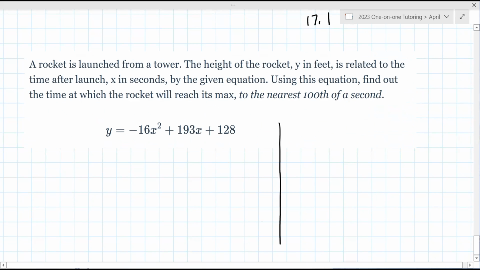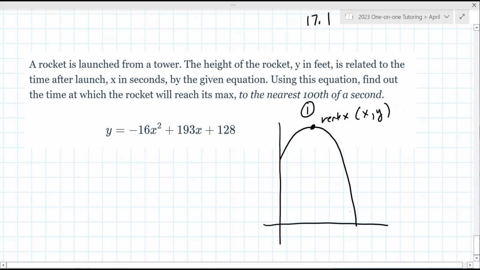So here are the typical scenarios for a quadratic. You're either finding the vertex, which I'll call point 1 or region 1, and it could be asking for the x or the y value there, depending on the problem. And then the other possibility is they're asking about 2, which is where it hits the ground or the water or whatever it is.